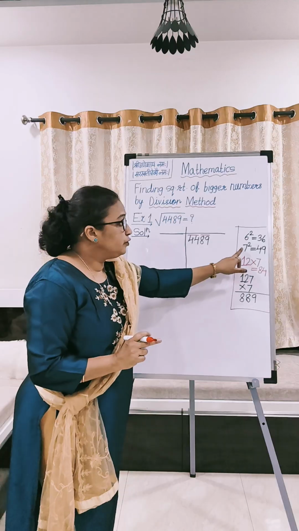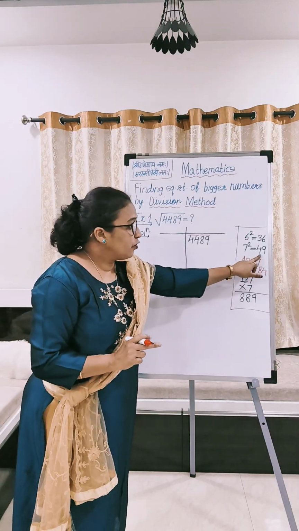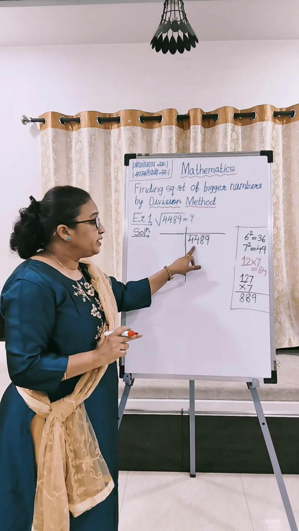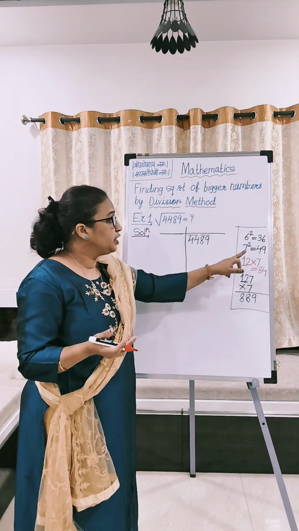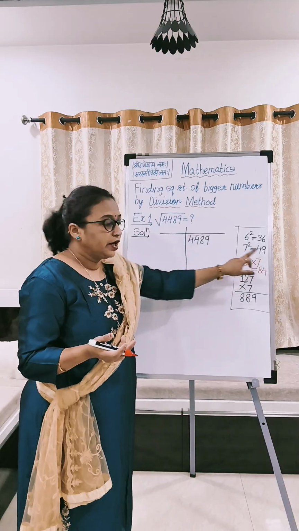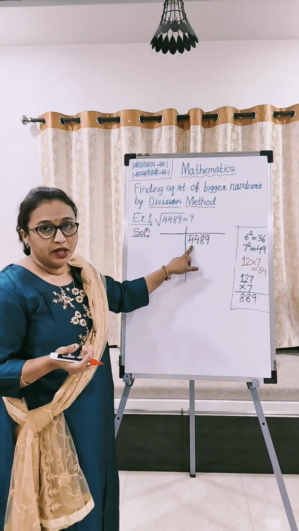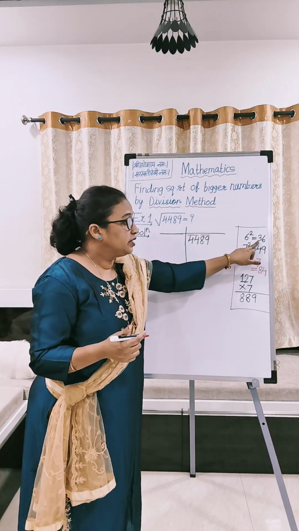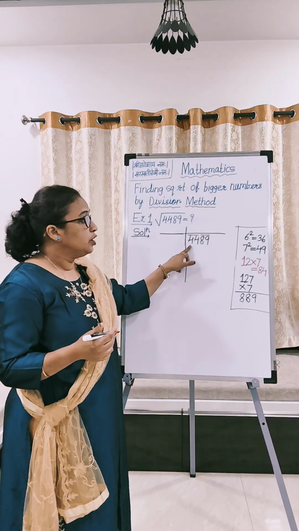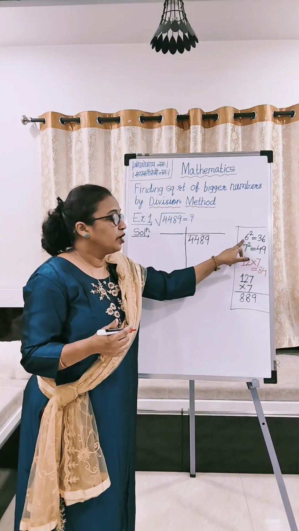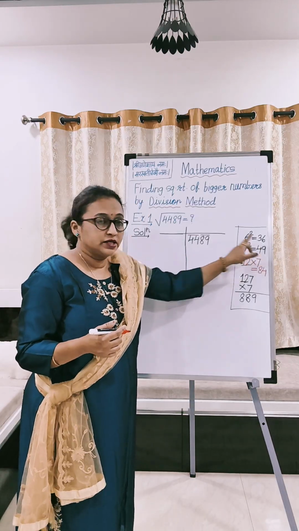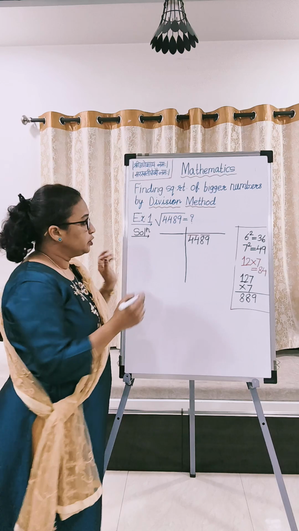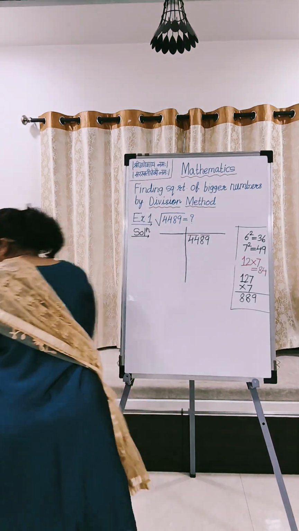If you observe, 49 is greater than 44, so we cannot subtract 49 from 44, but we can subtract 36 from 44. So we will consider the square of 6, and I am writing 36 here.